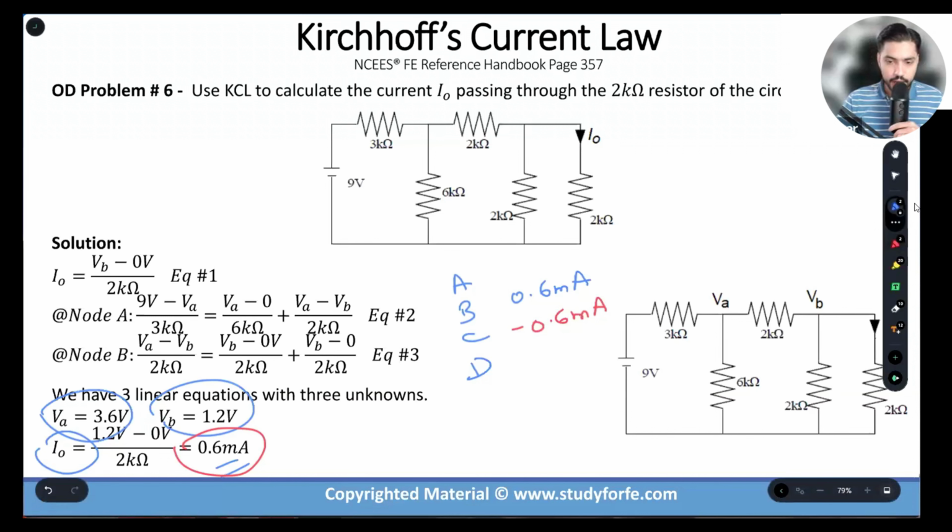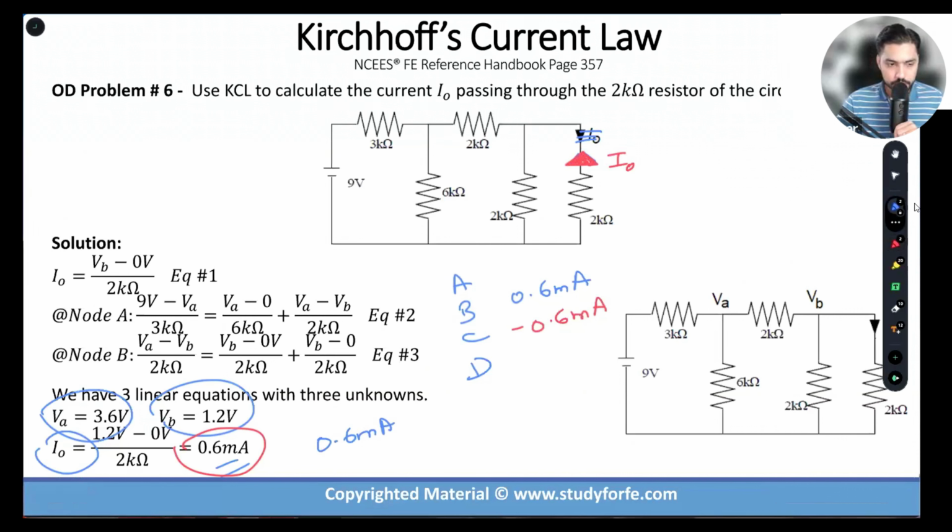Imagine that the question actually had shown the direction as opposite. Okay, let me just frame this a little bit differently. And by comparing and contrasting, it will be a little bit easier. Suppose that the I naught was shown like this. Okay, and suppose that the answer was 0.6 milliamps.